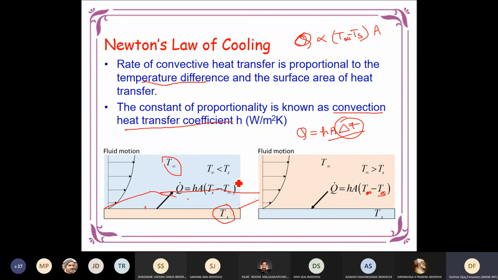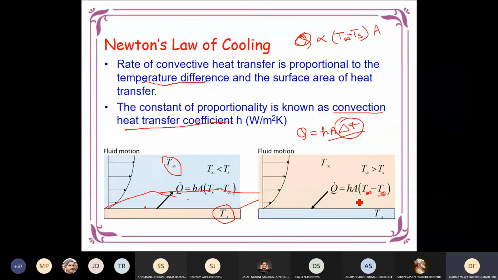So what is here? The hot surface, and the cold fluid is flowing over that. So there is heat transfer from the surface to the fluid. But if there is a hot fluid flowing over a cold surface, then the heat transfer is from the fluid to the surface.